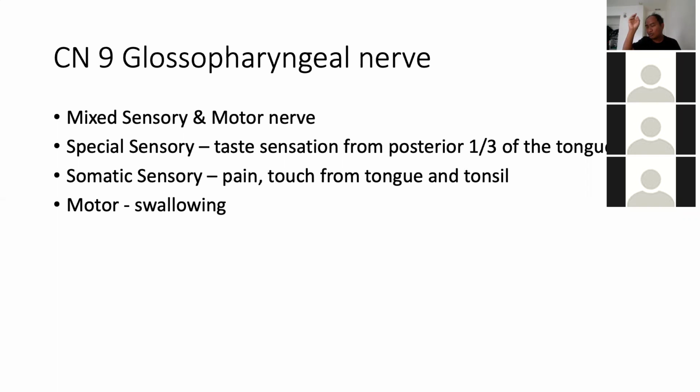If we put a small piece of sugar in the posterior 1/3 of the tongue, that taste will be taken by the glossopharyngeal nerve, which is the ninth cranial nerve, because anterior is facial, posterior 1/3 is glossopharyngeal, special taste sensation. And of course, when we have tonsillitis, when we have an ulcer on the back of our tongue, the pain, touch, somatic sensory will be taken by the glossopharyngeal nerve.